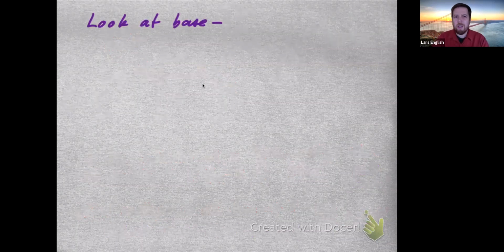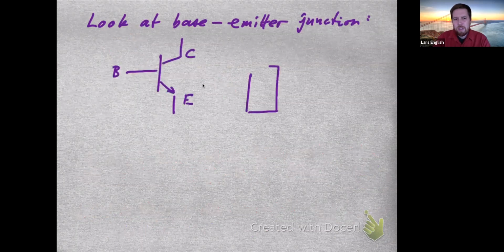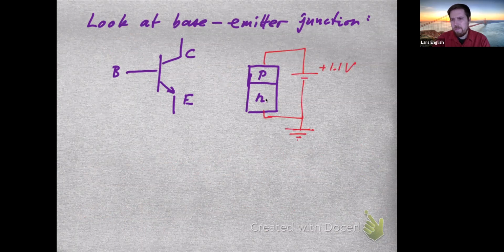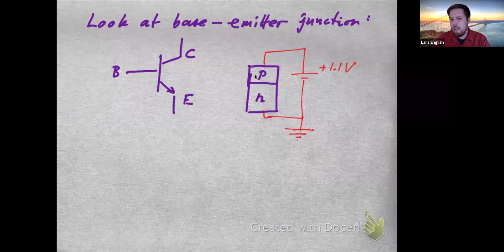So let's take a look at the base and emitter junction. Here is just the lower piece, the base and the emitter. We have maybe this situation where the base, which is the P, is at 1.1 volts, and then the N here is via a resistor connected to ground.